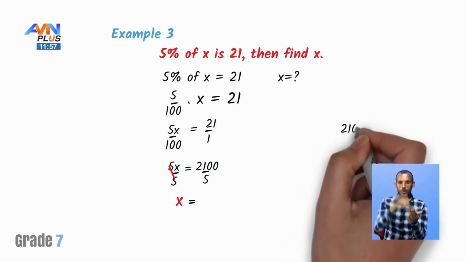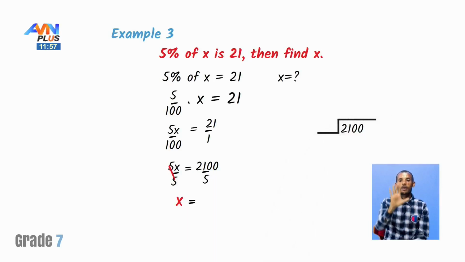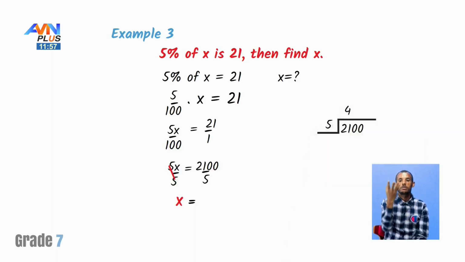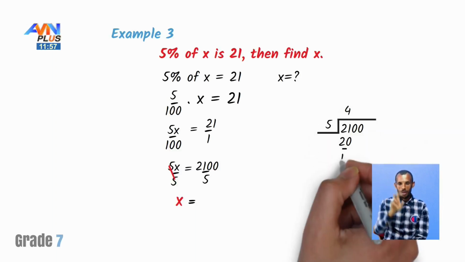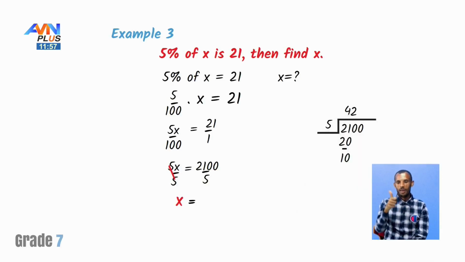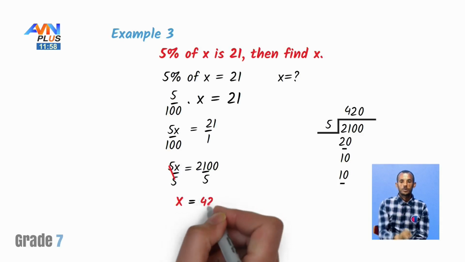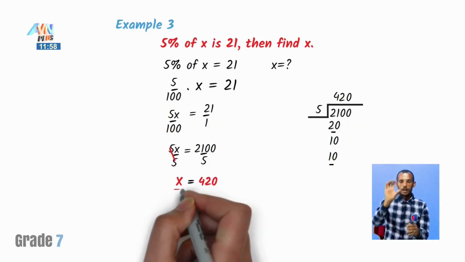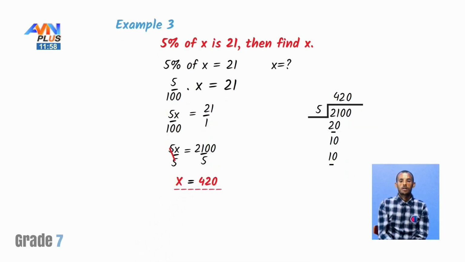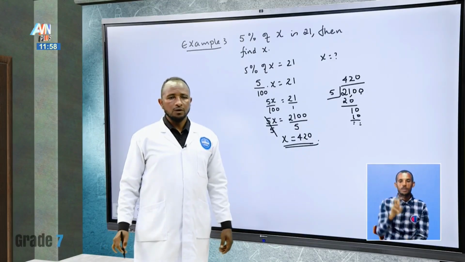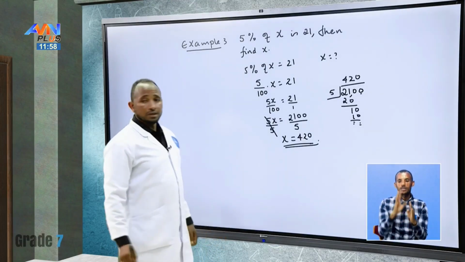X is equal to, let's divide this number by 5. 21 divided by 5 is 4, 4 times 5 is 20, 1 left, 10, 2 times 5 is 10, put 0 here, you have 420. Therefore, this will be the final answer. Okay, now we'll proceed to the next example.